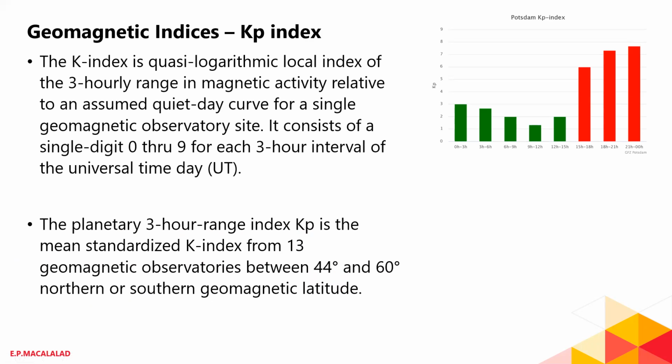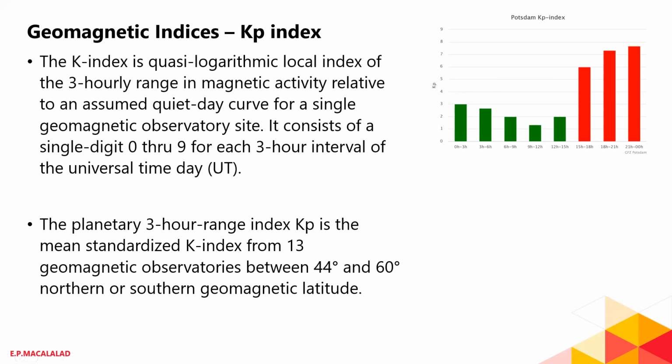Typically, this is what a KP index looks like. It has a value from 0 to 9. At 5 and above, we already have storm time. At 4, active conditions. Below 4, it is considered quiet.